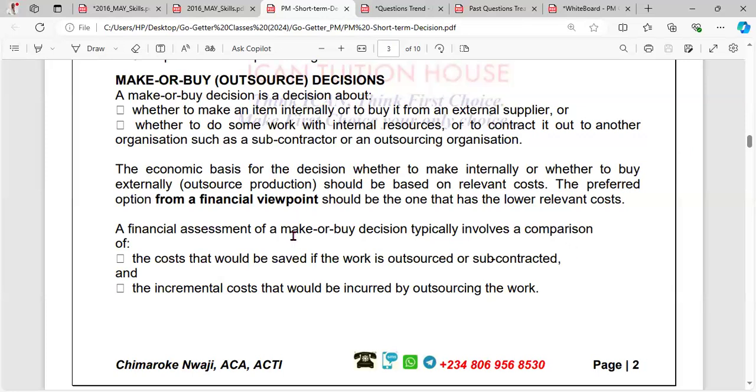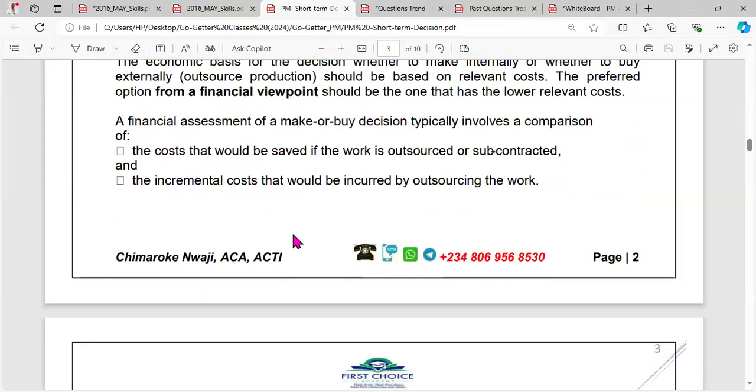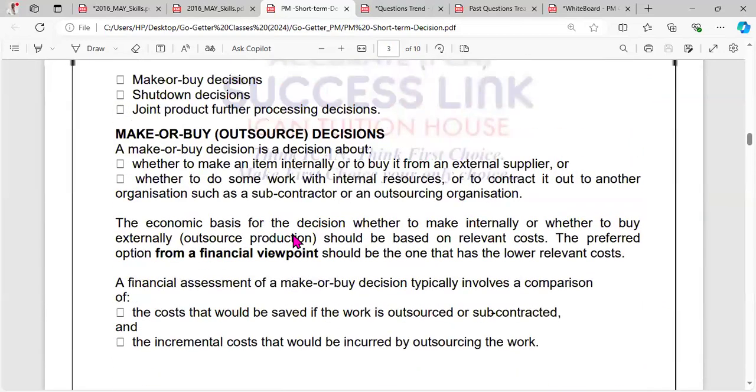Now, for you to decide whether to make or buy, you need to check the relevant cost versus the revenue that you are going to make. Which one is bigger?